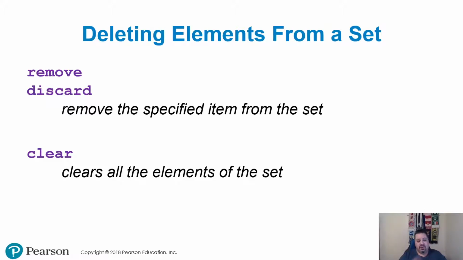Discard does not raise. Sorry, have it backwards. Remove will remove things. Discard will pass it back. Remove raises a key error exception if the element isn't there. Discard does not raise an exception. Clear, just like a dictionary clear method, will clear everything in the set and make it an empty set then.